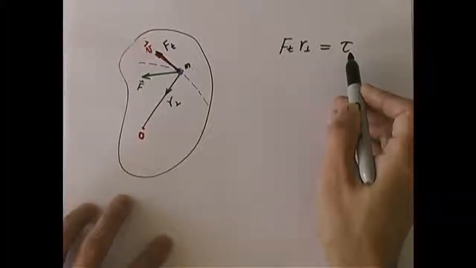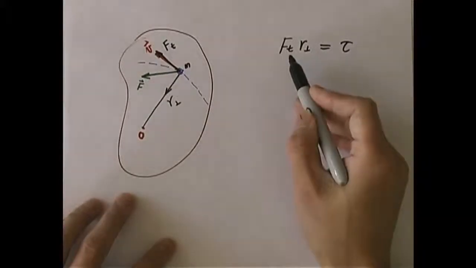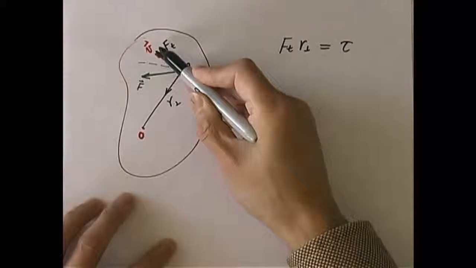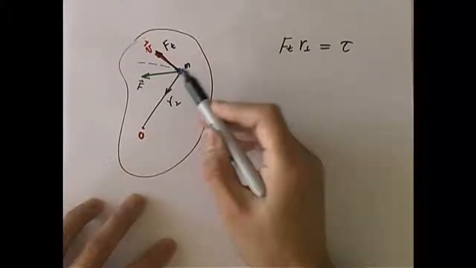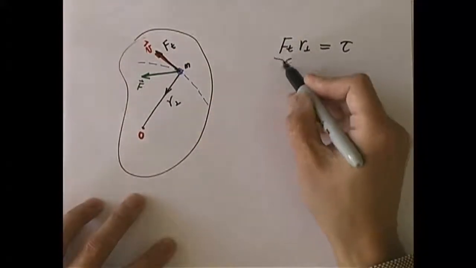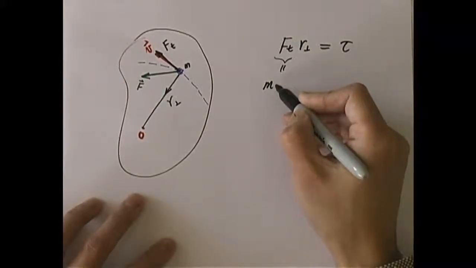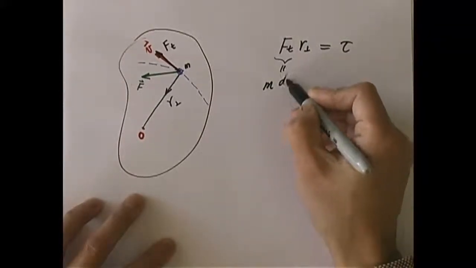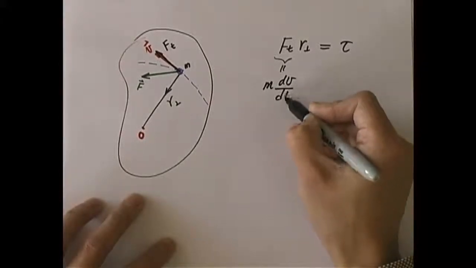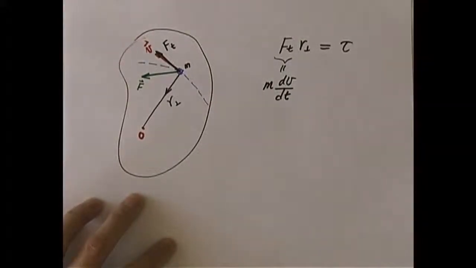So what can this torque do? Well, let's see now. According to Newton's second law, the tangential force exerted on this mass is equal to the mass of the object times what? The rate at which its speed changes, dv/dt.